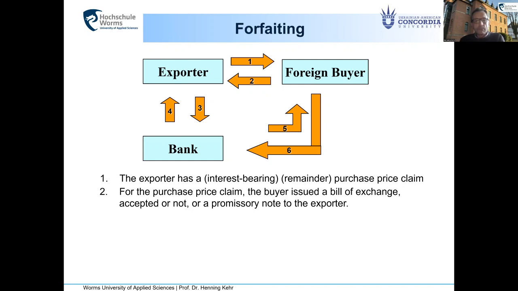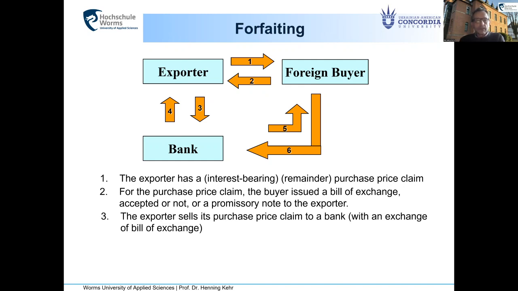Arrow 2. These receivables he's selling, the exporter is selling to the bank. Arrow 3.